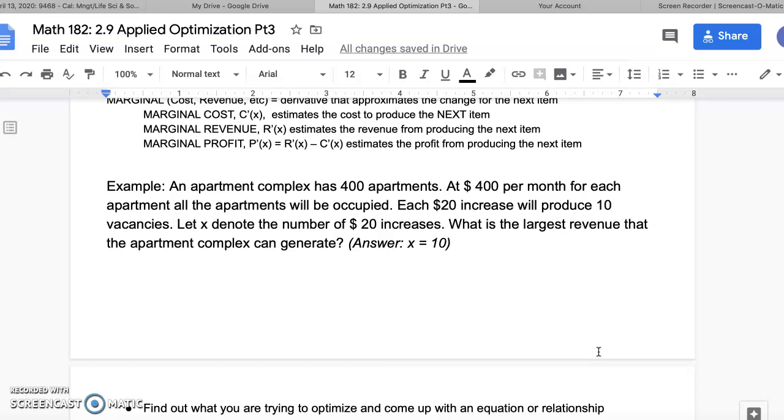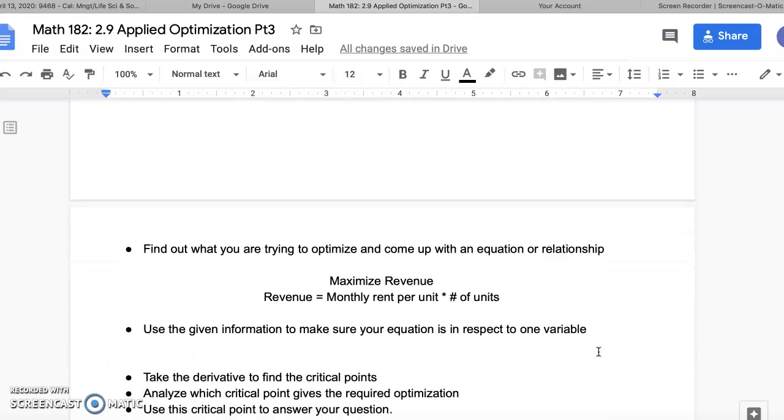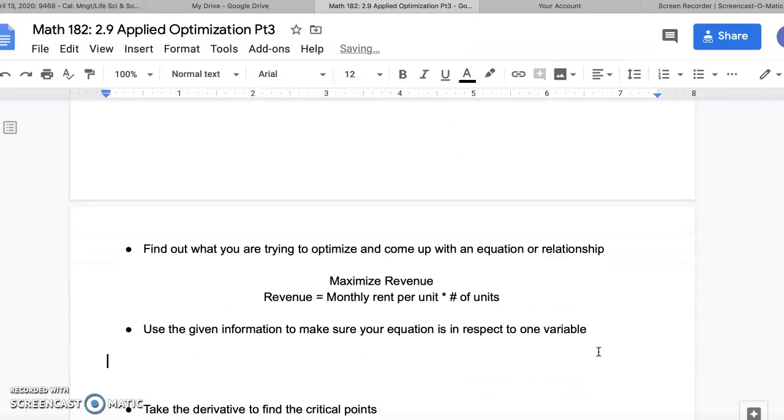If I try to charge $20 more, I'm going to lose 10 people and I'll have rooms available. In fact, for each $20 increase, I will produce 10 more vacancies. Let X denote the number of $20 increases. So basically, if I charge more, I won't have as many people living in my complex.